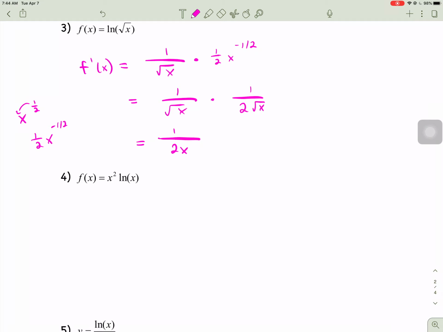Okay, now we have two terms here, product rule, right? 1d2 plus 2d1. And this is 1 and this is 2. So let's do it. 1 times the derivative of the second, well, the derivative of ln of x is 1 over x, plus 2 times the derivative of the first, 2x.